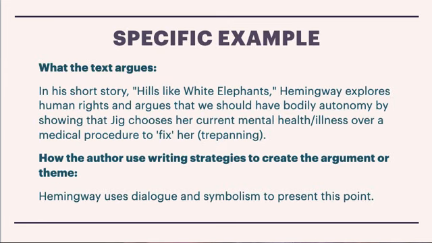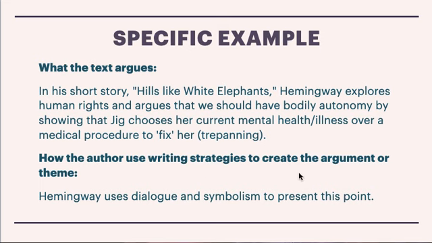So what could that look like? We have our first idea of the argument that I want to look at. In this case, I'm saying in his short story, Hills Like White Elephants, Hemingway explores human rights and argues that we should have bodily autonomy by showing that Jig chooses her current mental health or illness over a medical procedure to fix her trepanning.